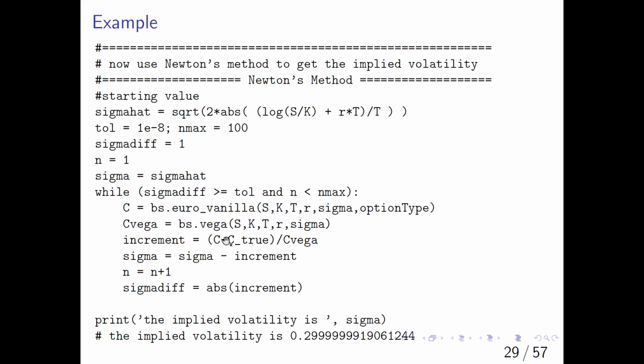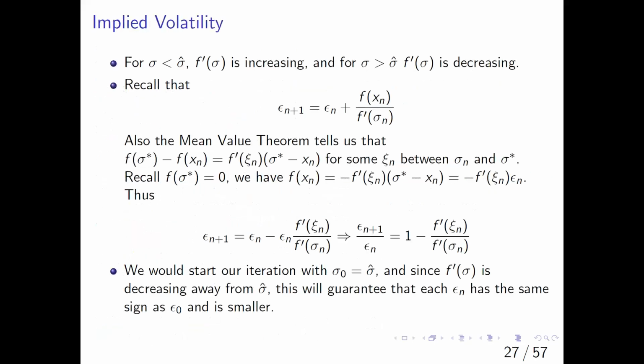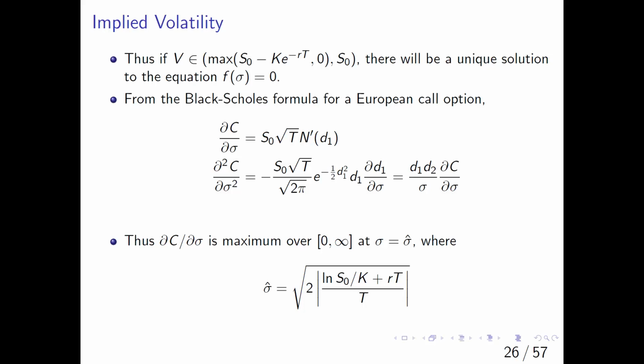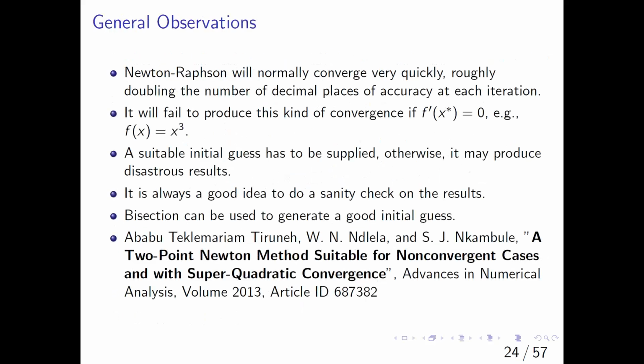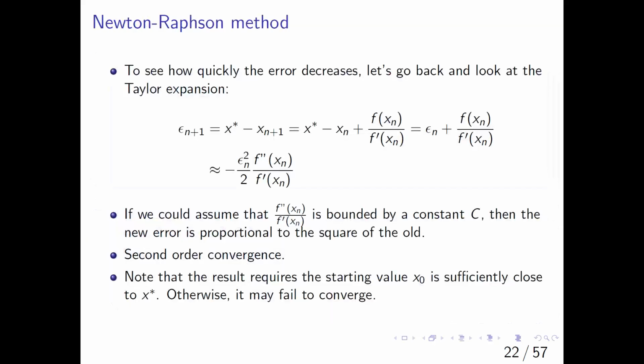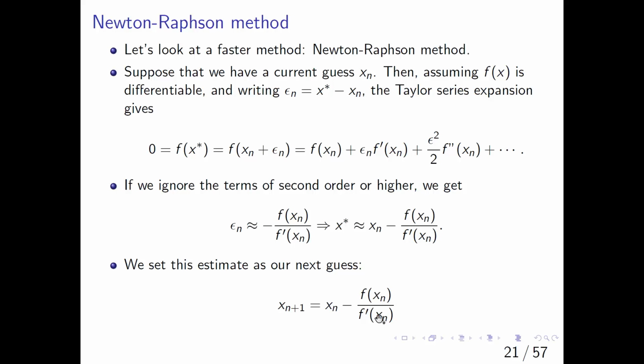The adjustment to the current approximation is essentially just this term, f(xn) divided by f prime(xn). I call this term the adjustment or increment. Okay, this is the increment term.